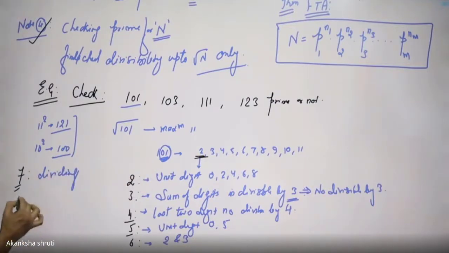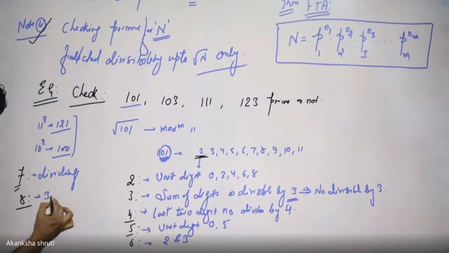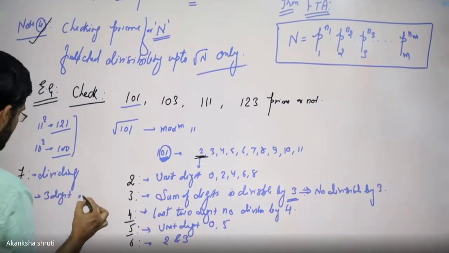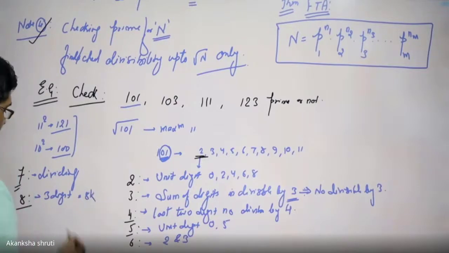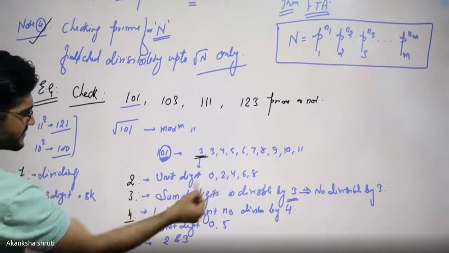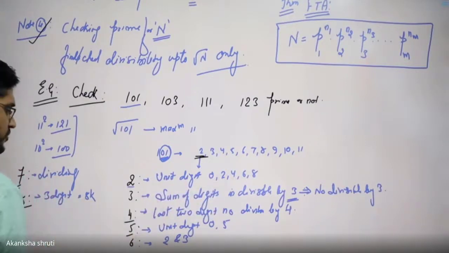Then for 8, students, you have to see the last 3 digits, which must be divisible by 8. First it must be even, because it must be divisible by 2 and also by 4, then only it will be divisible by 8.